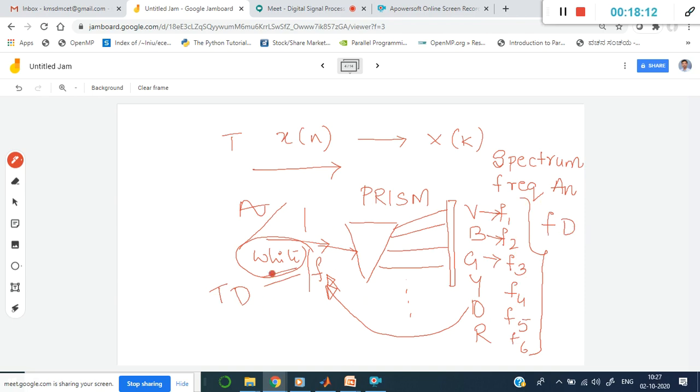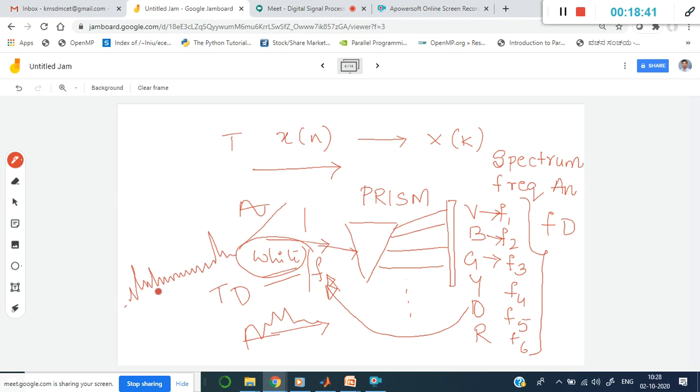Now this prism is a simple example where you get to know the different combinations of light. Now I apply a signal. Any signal, let me take the ECG signal. Do you mean to say that the ECG signal will have only one frequency component F1? Definitely not, because you can observe the signal. There are different values present in my signal here.